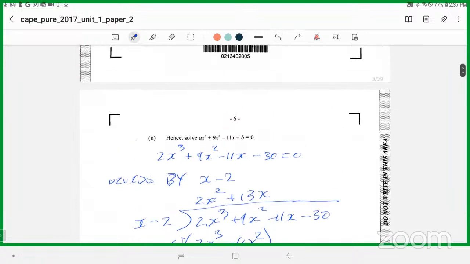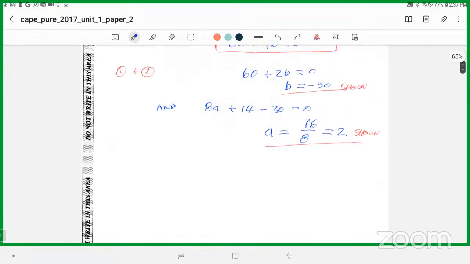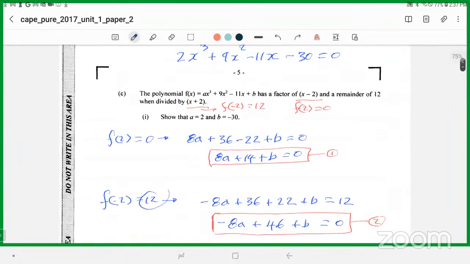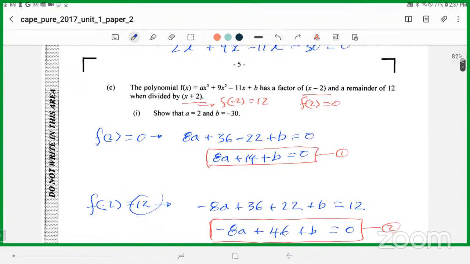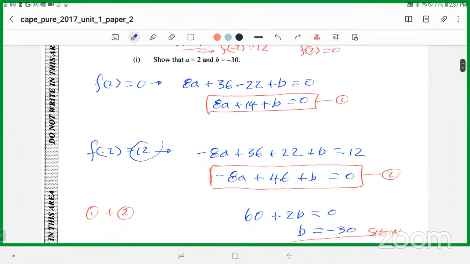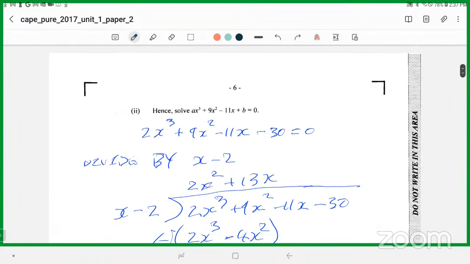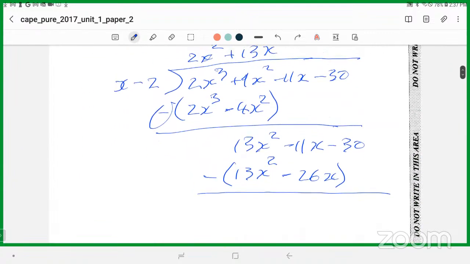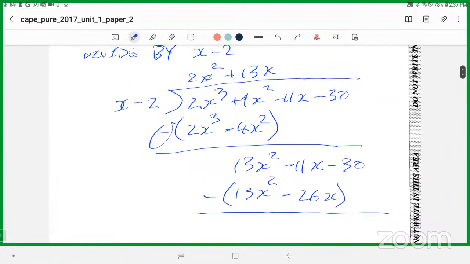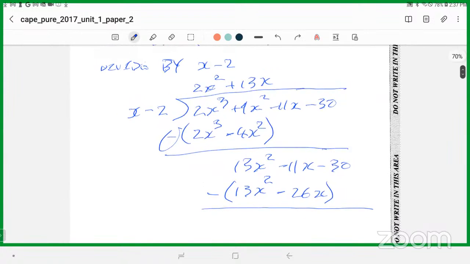Let me see. Not seeing it. x minus 2 divided by 2x. I'm looking for a mistake, guys. It looks like I have a mistake there, but I'm not seeing it.